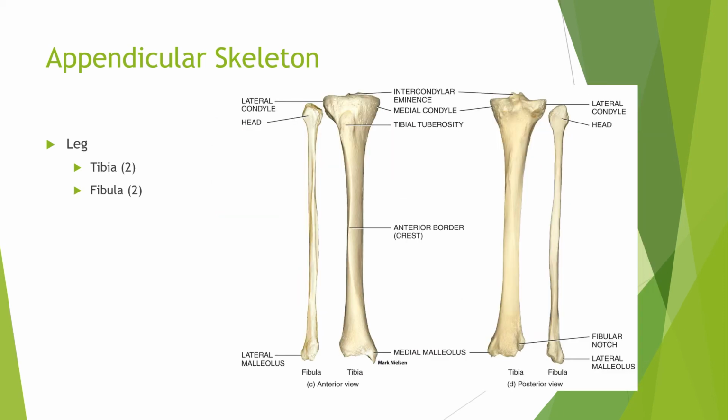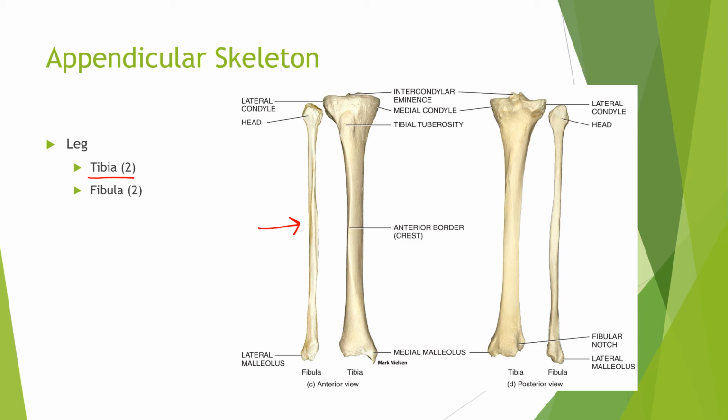The leg refers to the bones inferior to the knee. It's made up of 2 bones. A lateral bone that is long and skinny known as the fibula, and a medial bone that is a little bit bigger and bulkier known as the tibia.